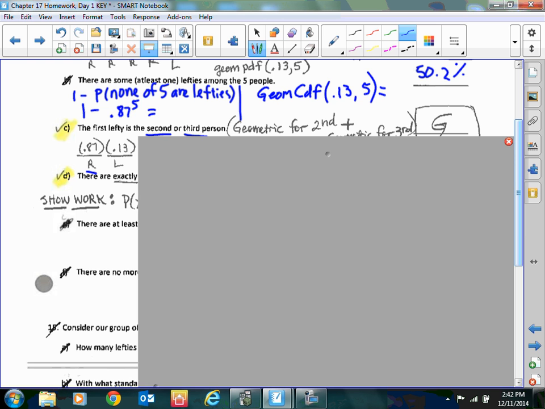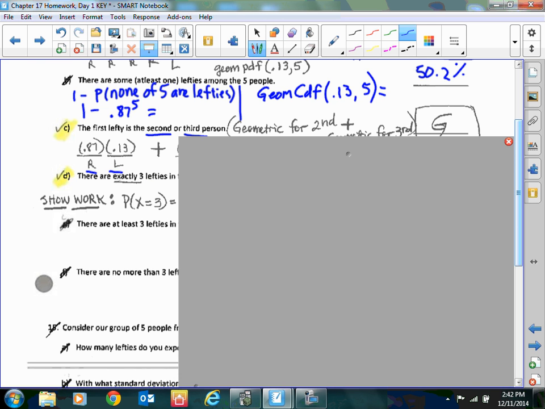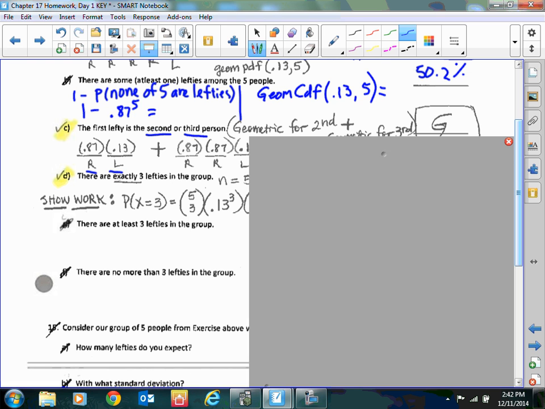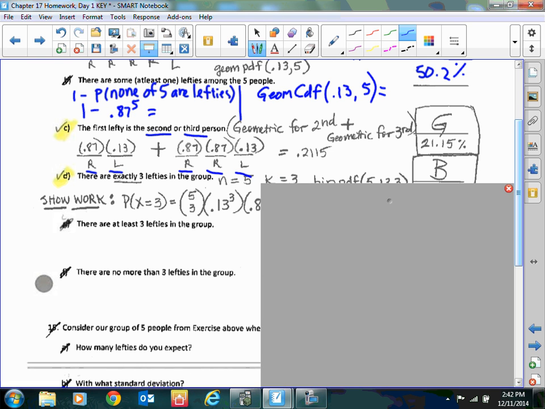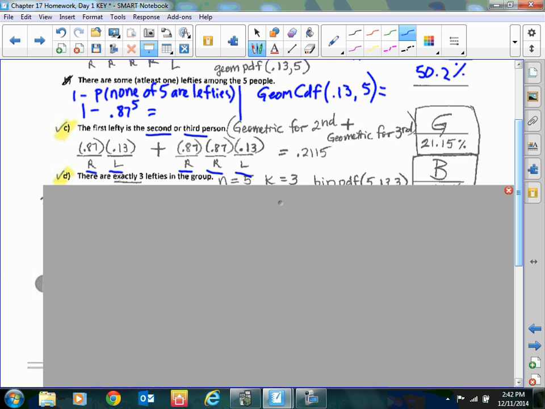A righty, and then a lefty? Yes. Or you get a righty, righty, lefty. So that is the way that can work. It happens in particular on the second one, so you could do PDF on the second spot plus PDF on the third spot.